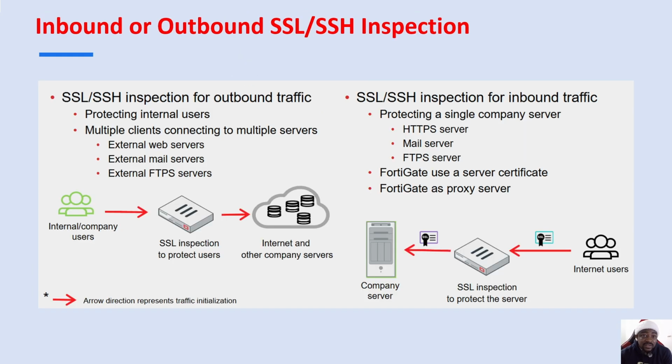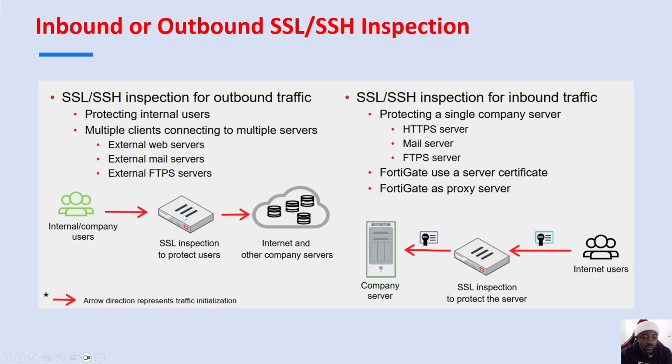Talking about inspection, we also have two directions, inbound and outbound SSL inspection. Depending on what you want to protect, you can use either inbound or outbound traffic. Outbound is the default method, which is the case where multiple clients are connecting to multiple servers.